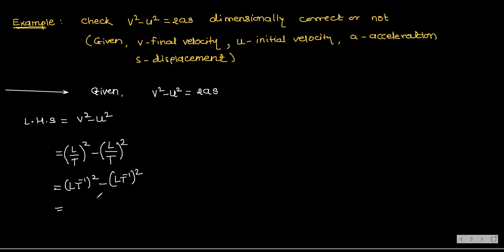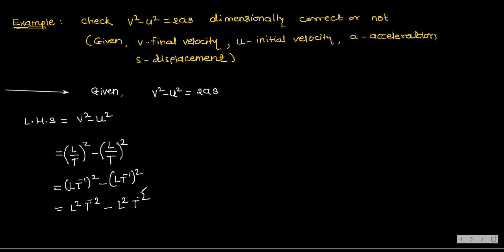Sir, will it become 0? No, this is subtraction. Don't cancel like mathematics, 2 minus 2 is 0. No, not like this. Although you are subtracting velocity from velocity, what you are getting here is dimensions, that is L square T power minus 2 minus L square T power minus 2.